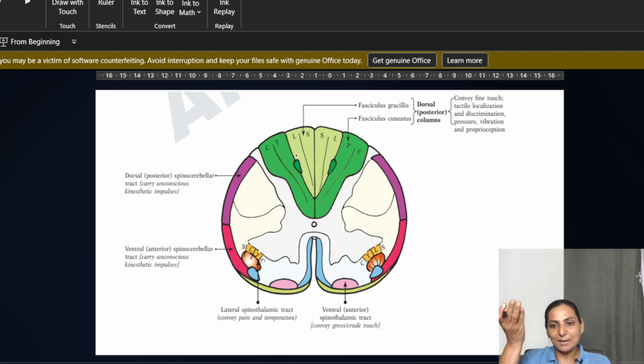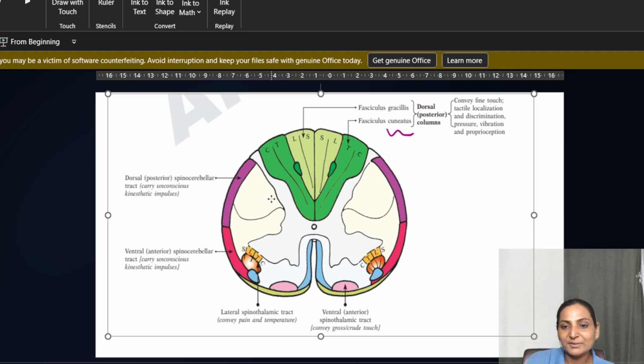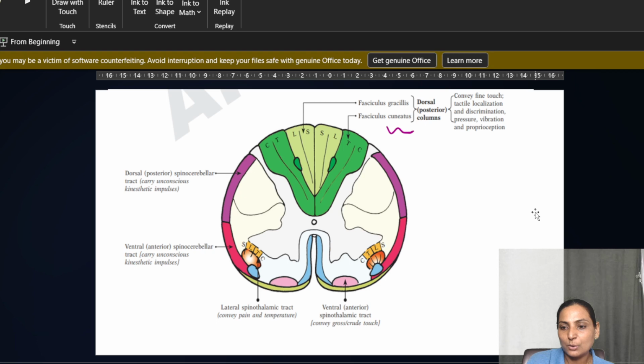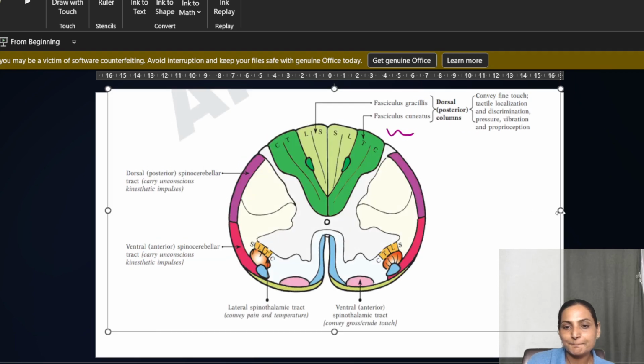But as we move up, that means upper thoracic and then cervical, there is the appearance of fibers coming from the upper limb, that is your cuneatus. So the cuneatus will now push the gracilis towards the medial side. This is very important: the arrangement of the fibers in the spinal cord dorsal column is like this.